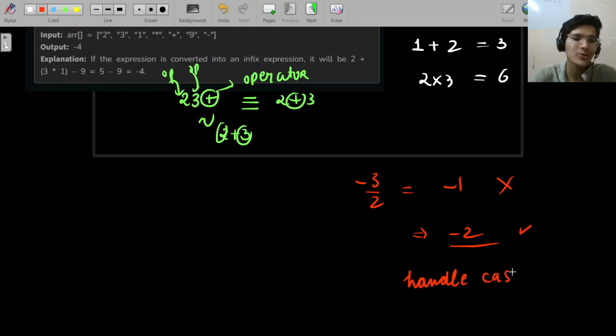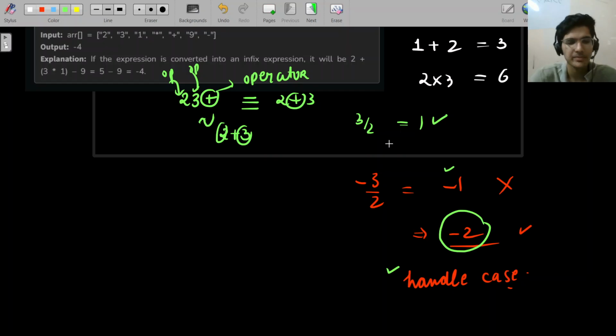I will always tell you what mistakes I commit, because you might also commit them. I have a list of mistakes that I've committed, and maybe you have also committed some of them, a subset of them. So you have to make it -2, not -1. For positive numbers, no worries, it will be 1 only. So this is fine, we just have to worry about that.